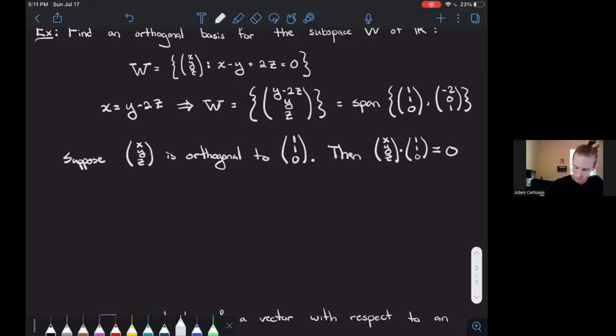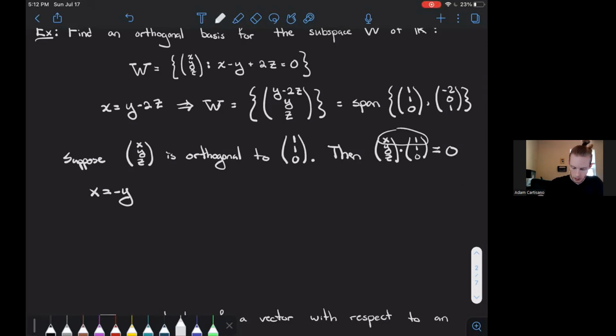In other words, x equals negative y. Let me tell you where this came from, right? The dot product is just x times 1 plus y times 1 plus z times 0 equals 0. But x plus y equals 0. But then x is equal to negative y, right?